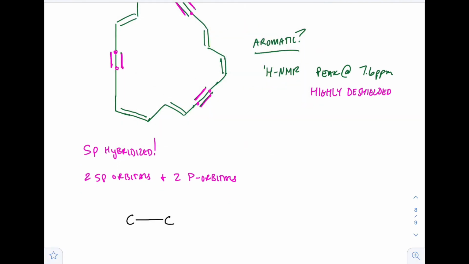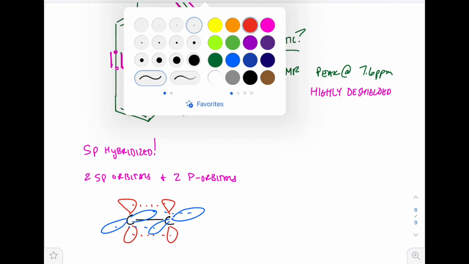So let me remind you, this is where we Gen Chem. So let's say I'm going to do these each in red now. Usually I do red and blue, but the vertical p orbital is in red and the horizontal p orbital is in blue. This is just to show you.